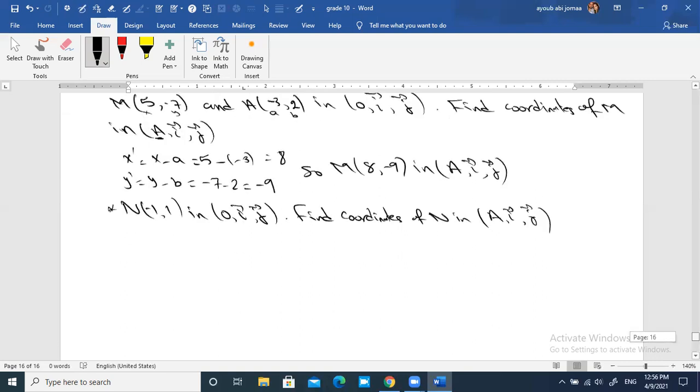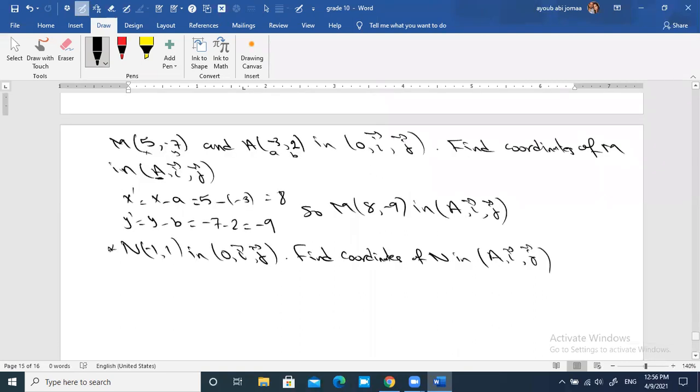So I can say that x prime of n is x of n minus a, x minus a, which is equal to -1 minus -3, which is equal to +2.